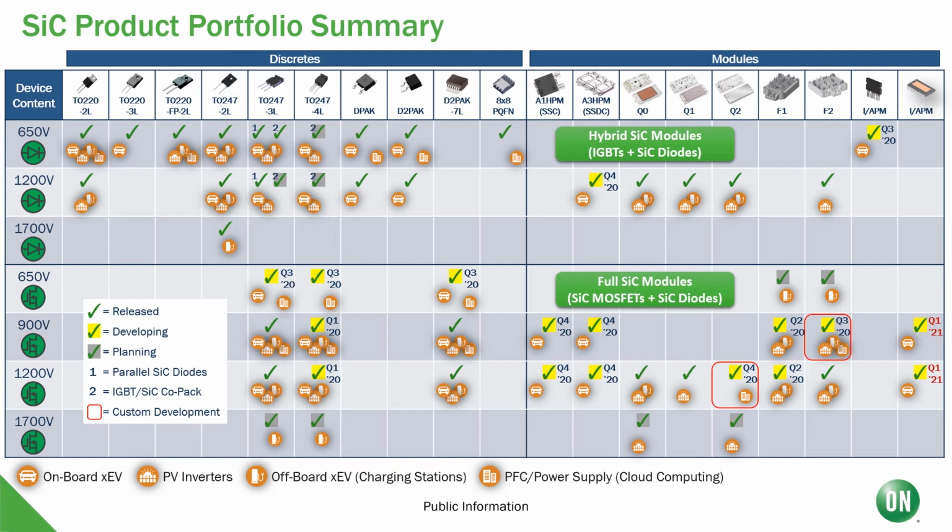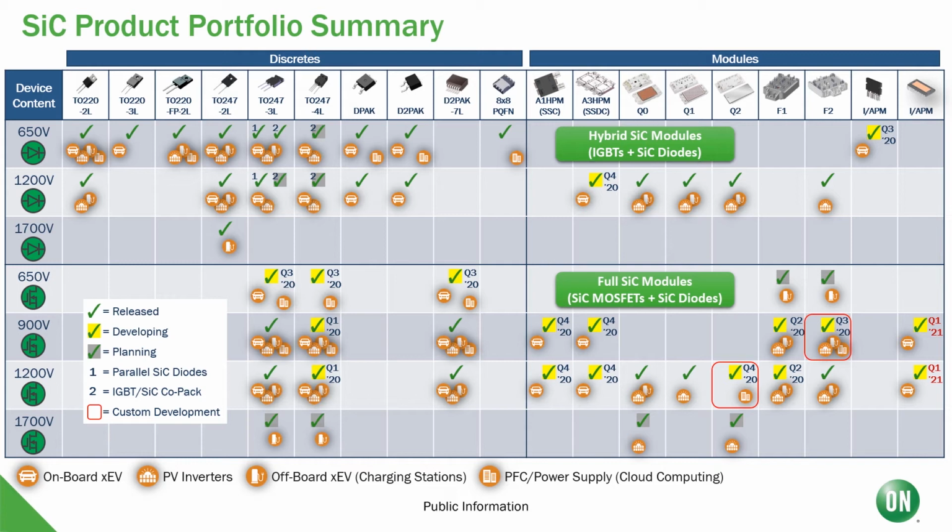On the bottom side, you can see that we are in development with 650 volt MOSFETs. We have released our 900 volt MOSFETs, our 1200 volt MOSFETs, and are in development with our 1700 volt MOSFETs, and again, a variety of different discrete packages. We then take those MOSFETs and then proliferate into our modules as well.